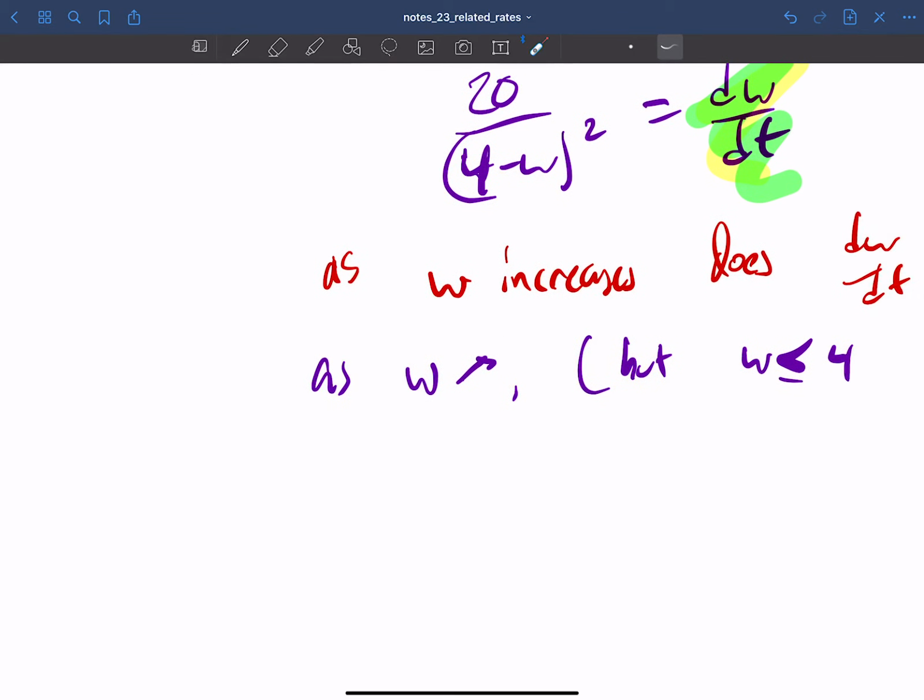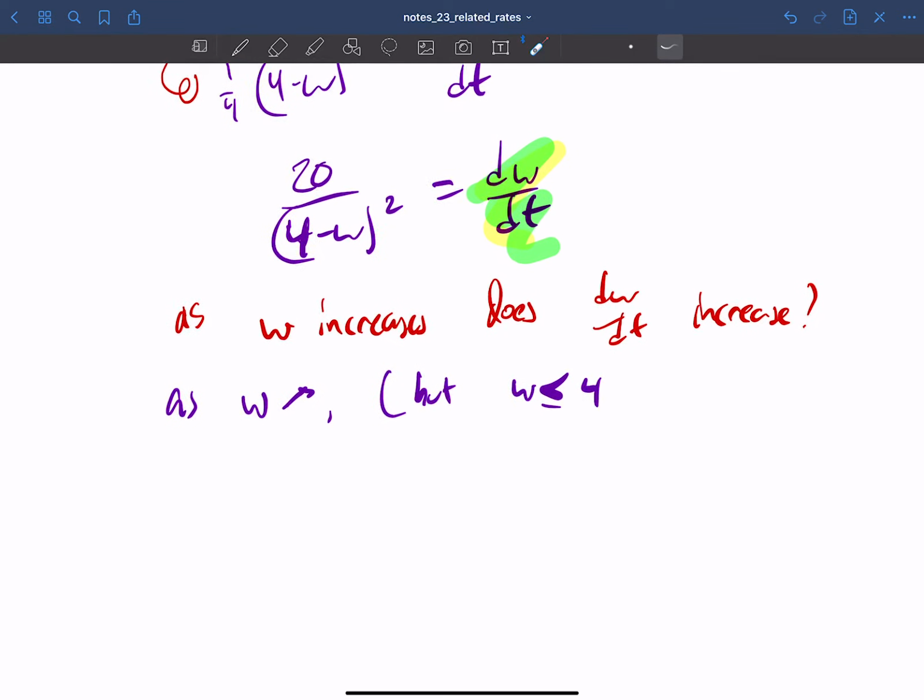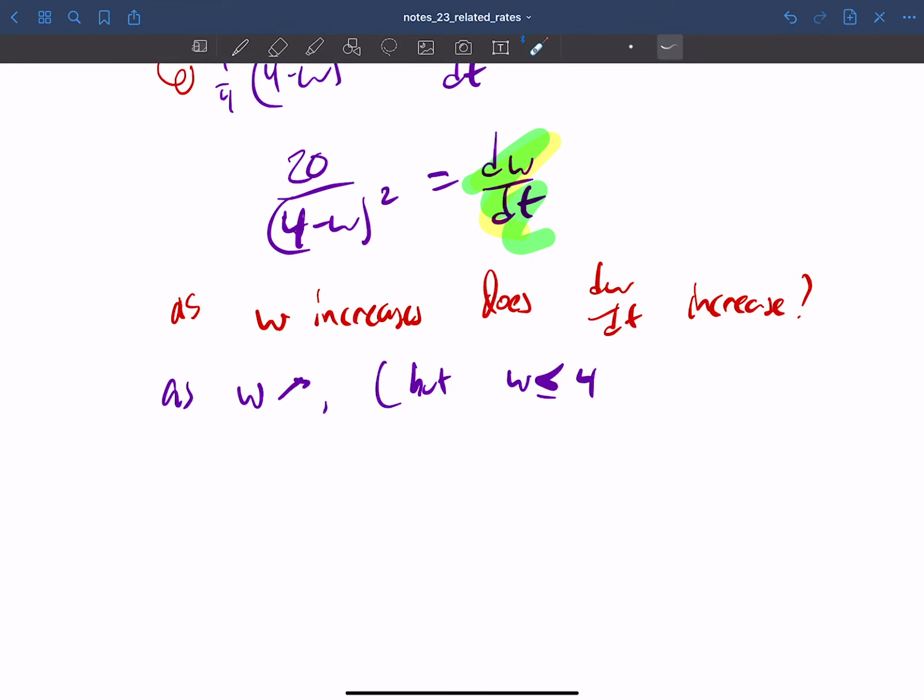So as w increases, but w stays less than 4, 4 minus w is going to go to 0, and 4 minus w is always positive.